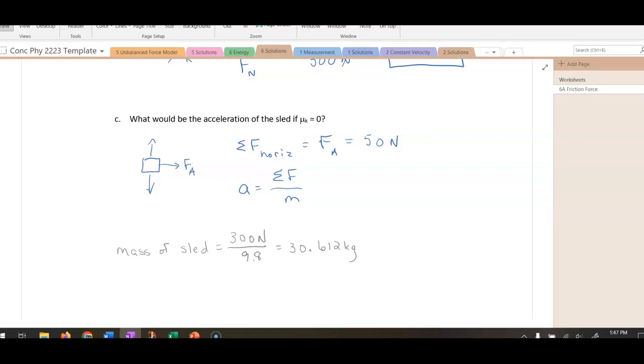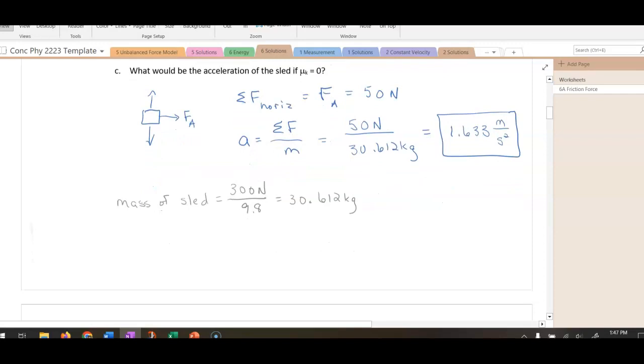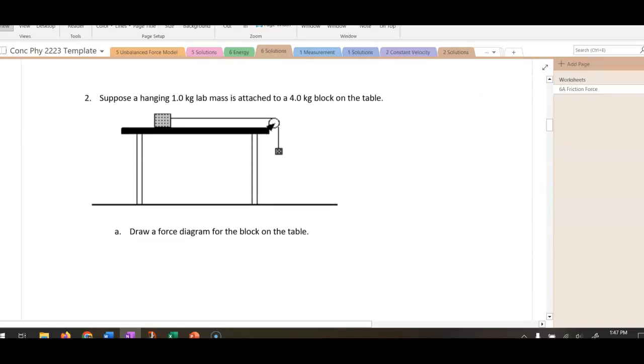Okay, so the acceleration would be the 50 newtons of net force divided by the 30.612 kilograms of mass, which would be 1.633 meters per second squared. Okay, let's go on to number 2.